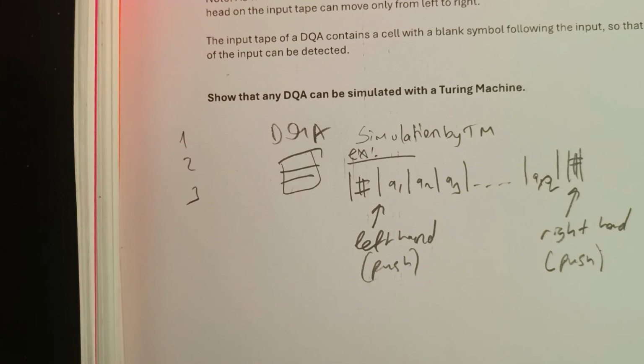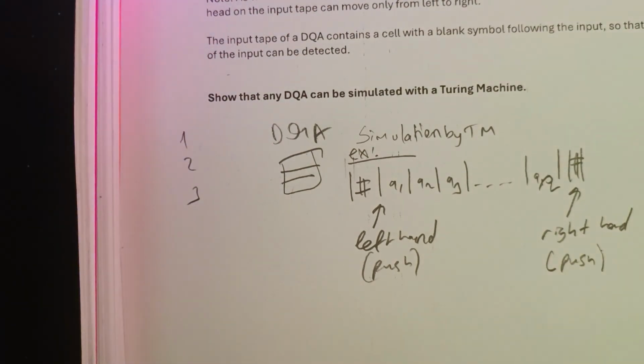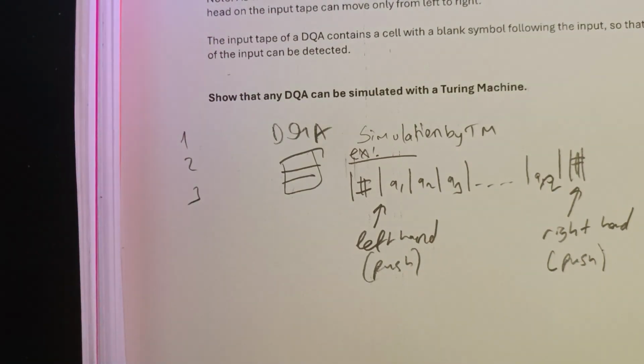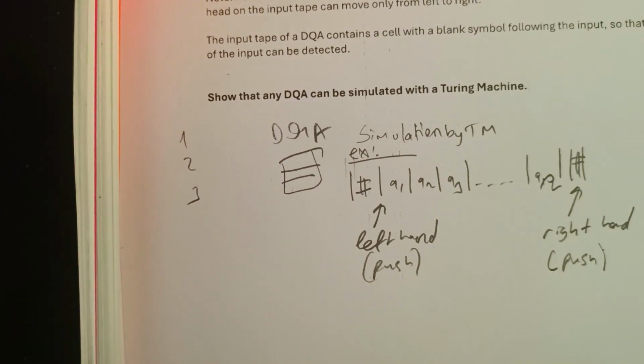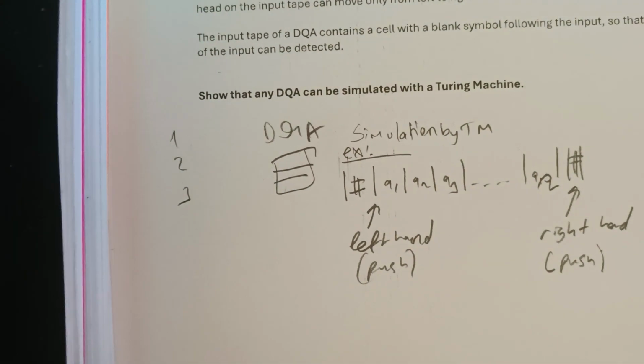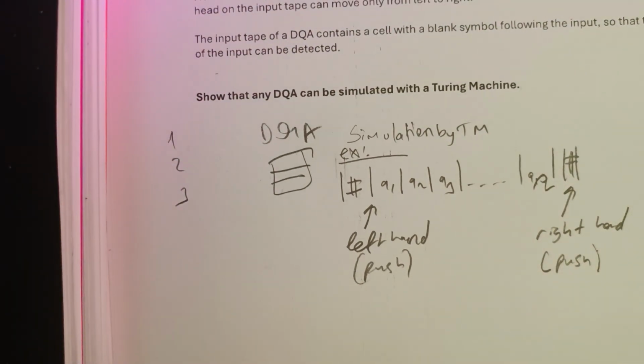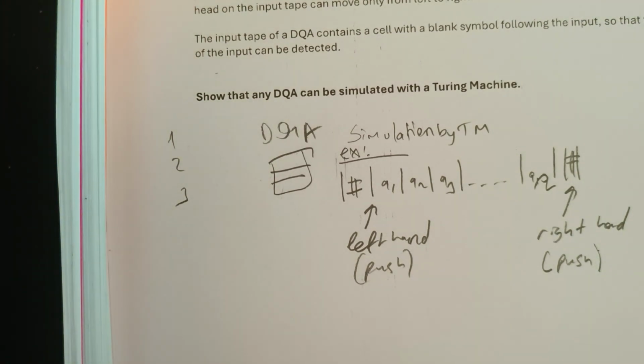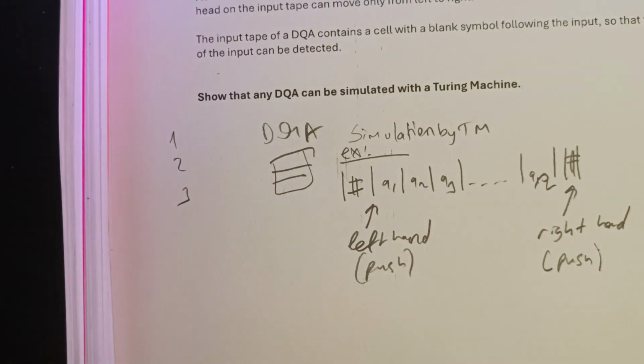Using a multi-tape Turing machine can make this easier: one tape for input, another tape to store queue symbols, and possibly another tape for the control logic.